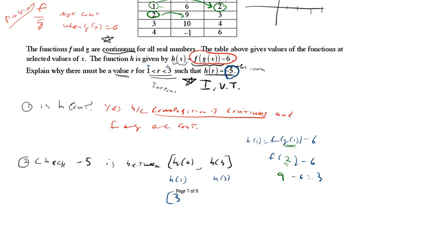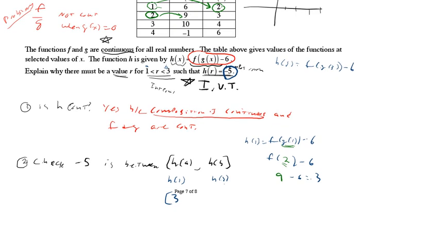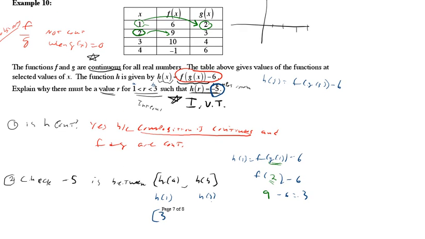All right, so now let's do the h of 3. Same thing. H of 3 is f of g of 3 minus 6. So g of 3, here's 3.